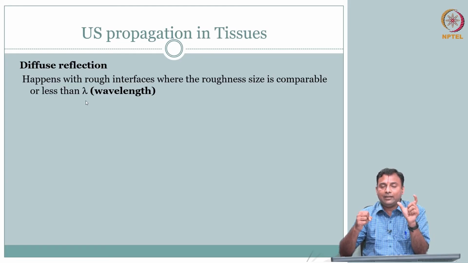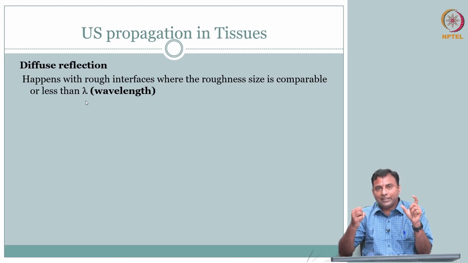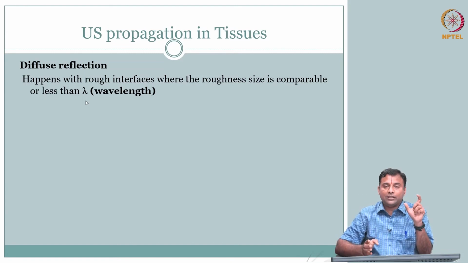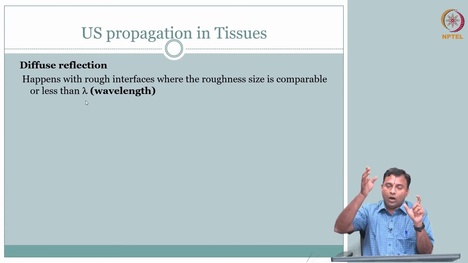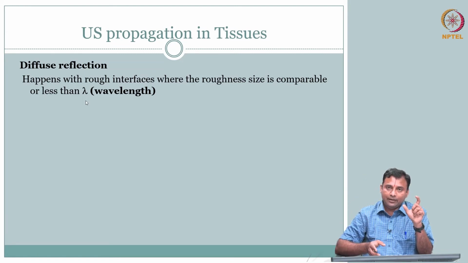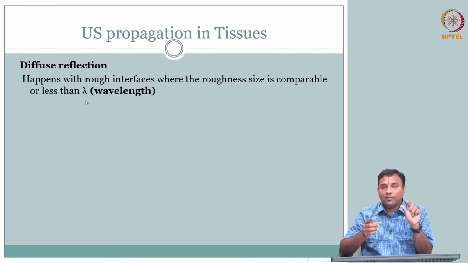Lambda is also a length scale, so the object dimension is less than your lambda. What we saw in the smooth interface, the specular case, was an interface much larger than your lambda. What happens if your object size is much smaller than your lambda?